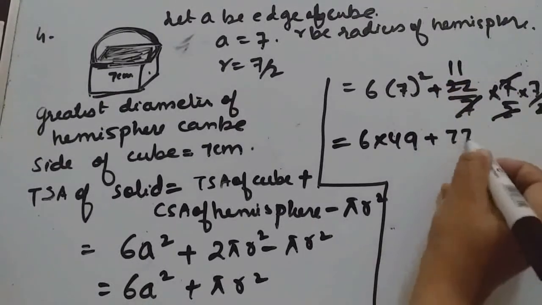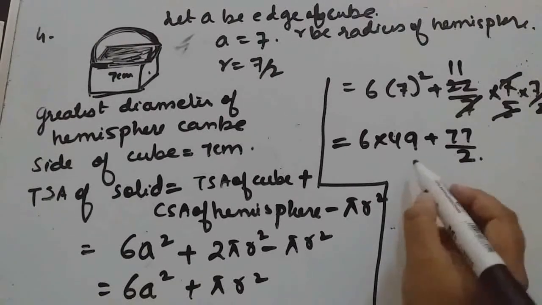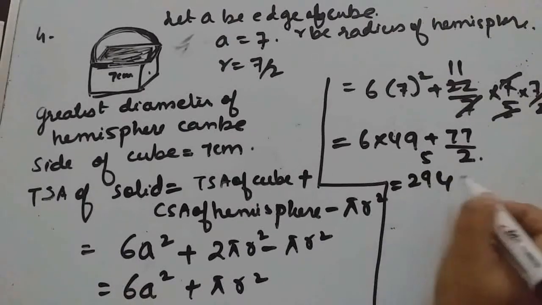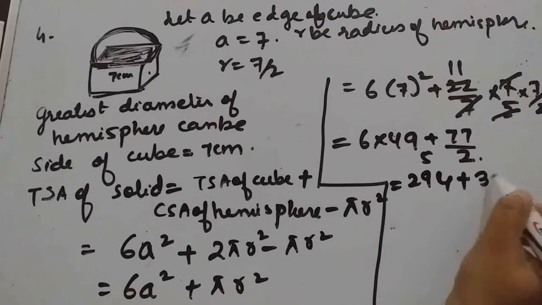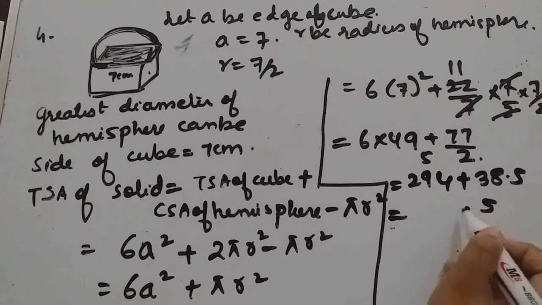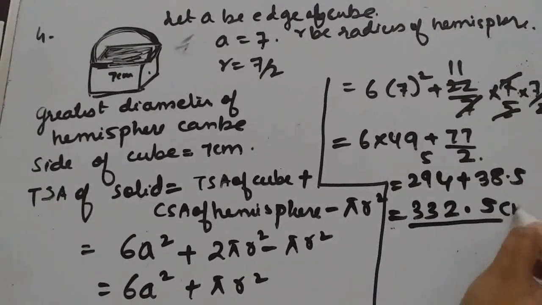So 77 by 2 we will get here. Now this will give 294 and this will be 38.5, isn't it? So after adding we'll get 332.5 centimeter square.